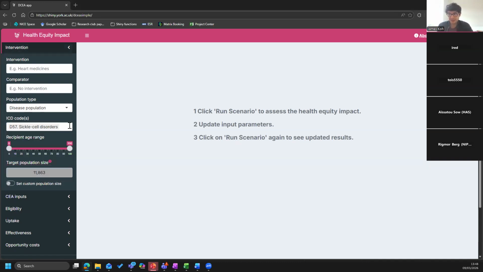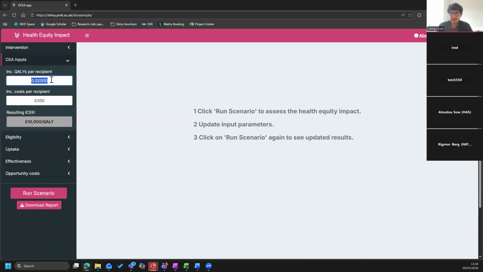You type in your disease area, and you can define your age range. Then you add in your cost effectiveness information. So say we generate half a QALY per recipient, and it costs £10,000 per recipient.